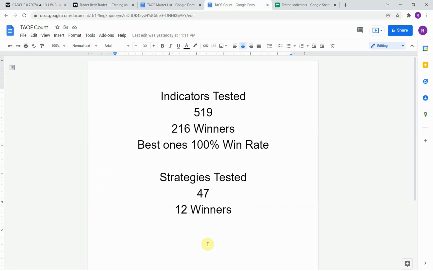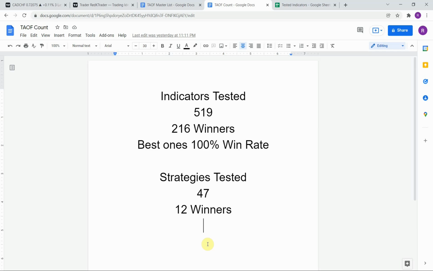We have also tested a total of 519 indicators, with 216 of them being winners. The best ones so far were able to achieve a 100% win rate. Now you need to go back and watch those videos to understand the context of how they were able to achieve that. So go back and watch those videos and see what you can get out of those winning indicators.